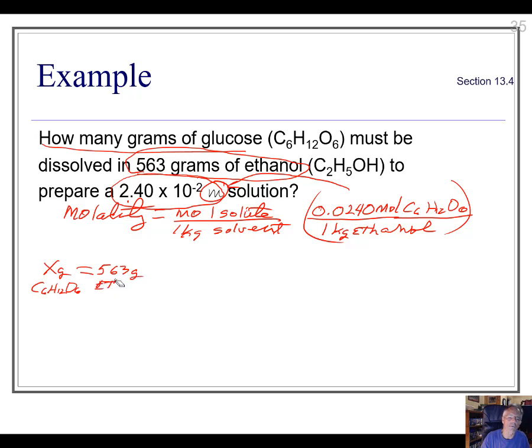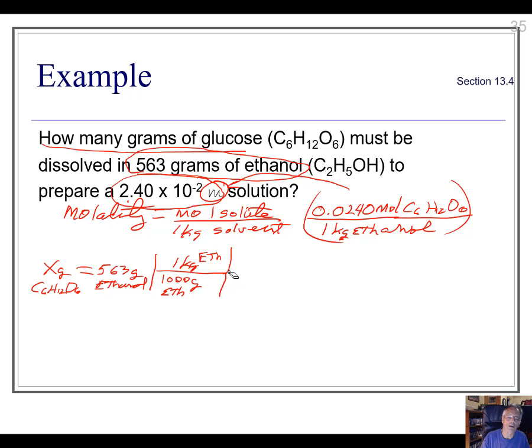I'm just going to say, well, okay, ethanol. We need to convert it to kilograms. So there are 1,000 grams of ethanol per 1 kilogram of ethanol. And I'm just putting that up there so I don't forget what I'm talking about here.